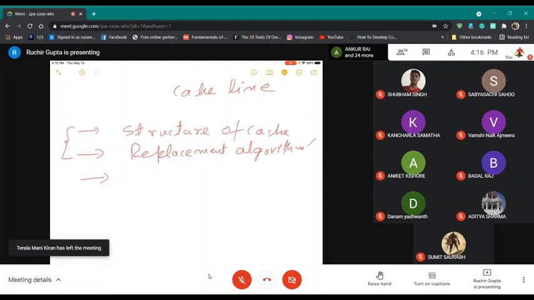And replacement algorithms, I'll discuss of course in detail, with all the variants possible. So replacement algorithm means, while you are doing this process where you are bringing something into cache, there will be a few times when you will not be able to get the data or instruction in the cache.